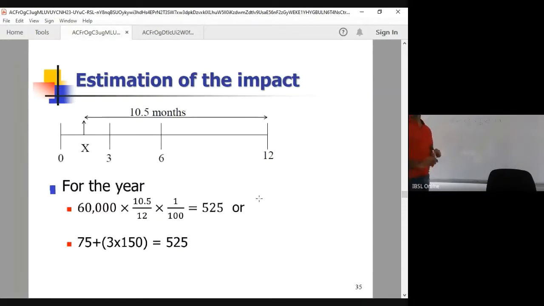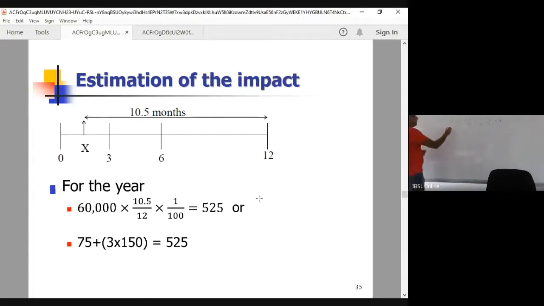So now you look at the period between that, 10.5 months, which is the average period we looked at here. You look at the period you have not looked at now, which is the 10.5 months to 12 months, to figure out for that particular bucket what your impact is.